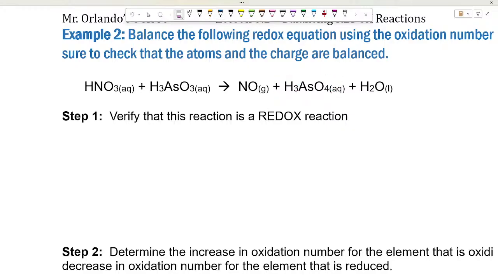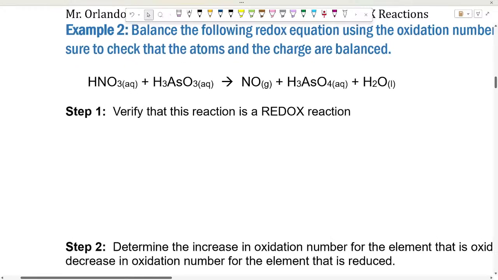So nitric acid and arsenic acid will react to give us nitrous oxide, per arsenate, arsenic acid, and water, liquid. This would be very tricky to balance, or could potentially be tricky to balance, even if we didn't have to think about oxidation numbers, but we do.